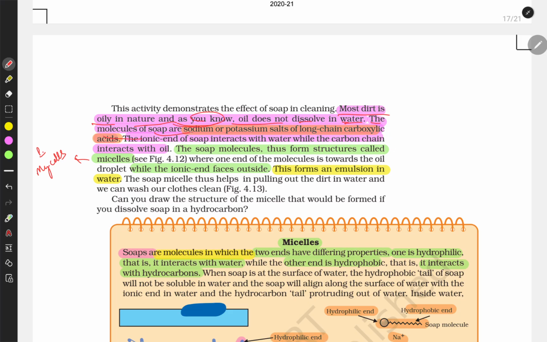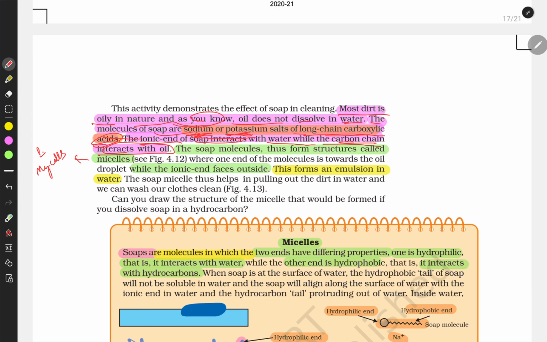The molecules of soap are sodium or potassium salts of long chain carboxylic acids. This is important. These are the molecules of soaps, and the ionic end of the soap interacts with the water while the carbon chain interacts with the oil.